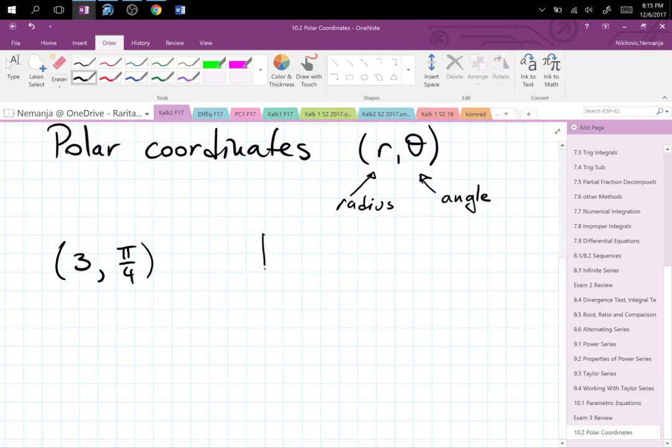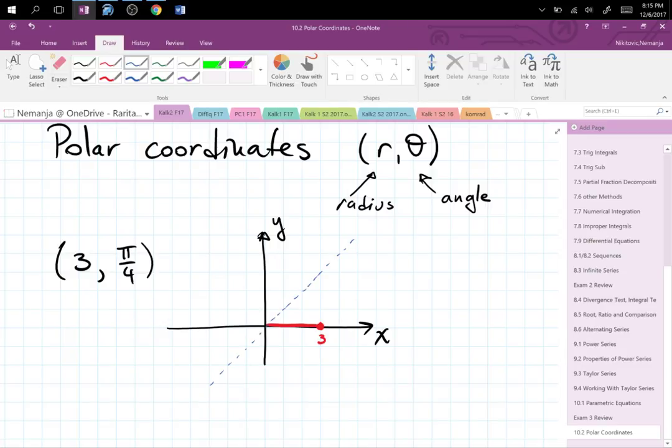You are going to first draw radius 3 on the x-axis, and then you are going to take that point 3 on the x and swing that 45 degrees to snap onto the 45-degree line.